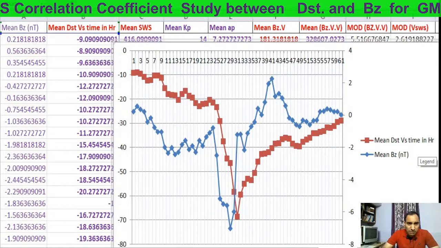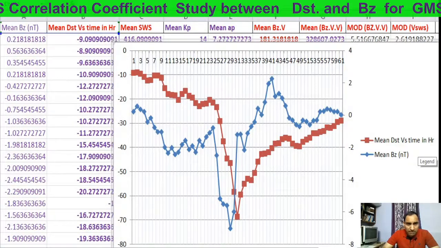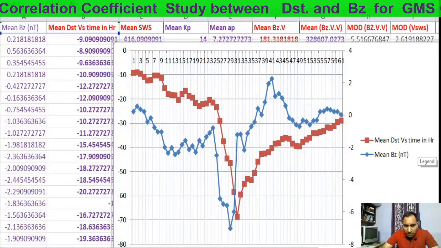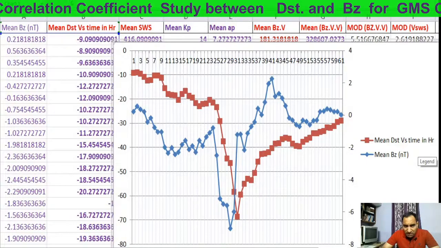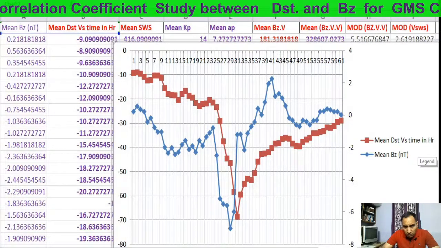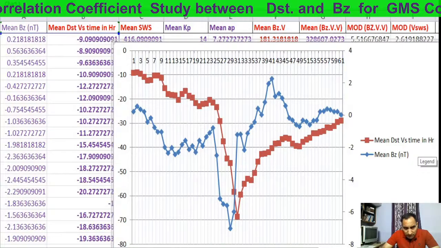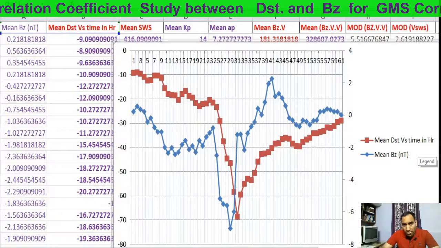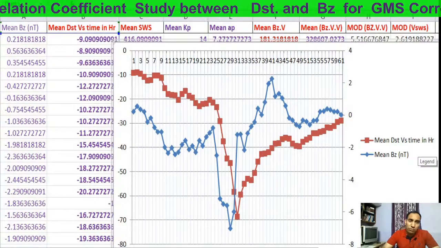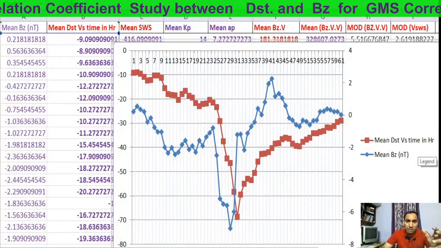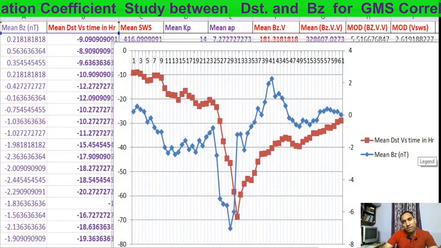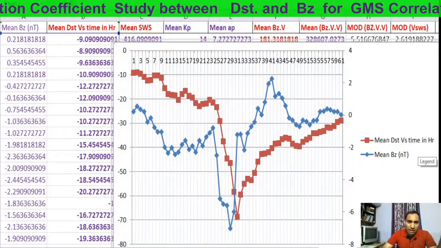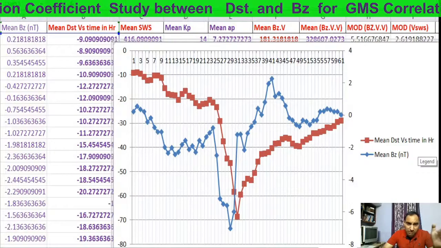The Dst index, which is here in the red color graph, is initially at -10, then goes down up to -70, and then recovers back. This means whenever any geomagnetic storm or solar wind approaches towards the earth, it strikes the magnetosphere of the earth, and the magnetospheric disturbance takes place.